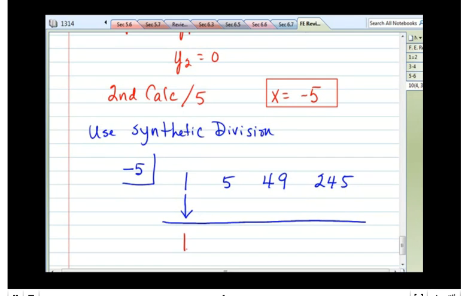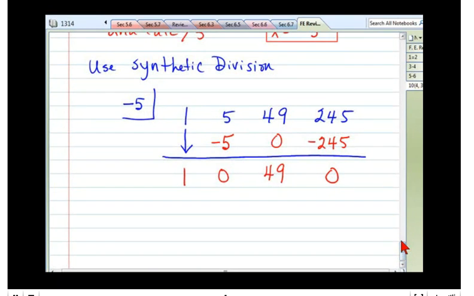And then it's multiplying and adding. 1 times -5 is -5. Add, get 0. 0 times that is 0. Add. 49 times that is going to give you this. And if you don't get a 0 on that last thing, you've done something wrong, because -5 is a factor. There should be no remainder.